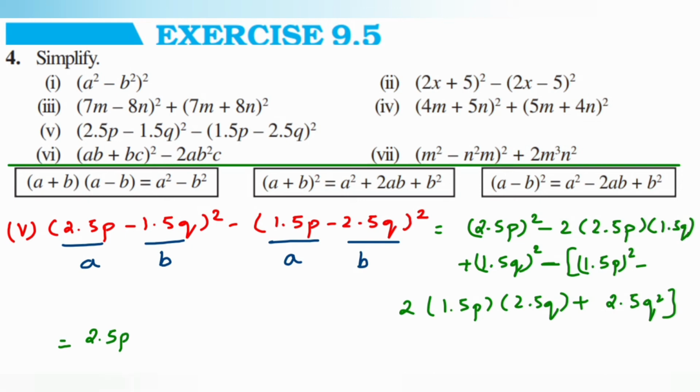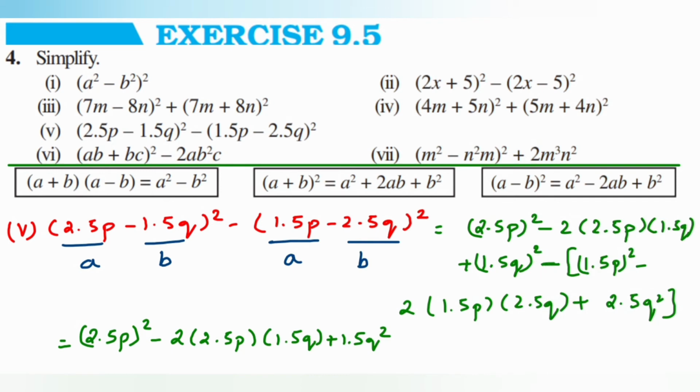So (2.5p)² − 2 × 2.5p × 1.5q + (1.5q)². Now the signs will change here because there's a bracket and there's a minus sign outside it. This minus sign will get multiplied with each term here.